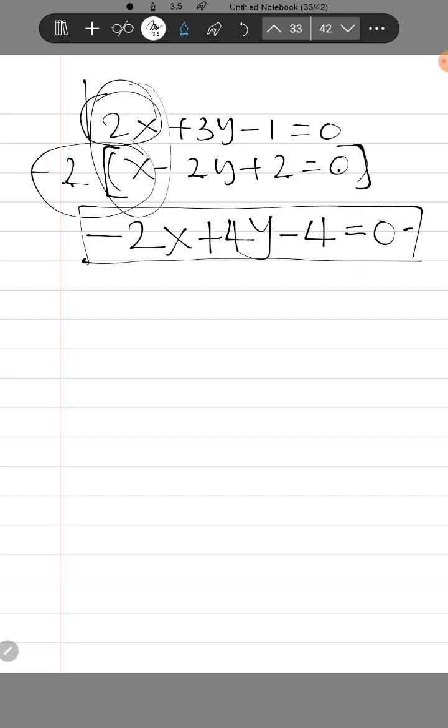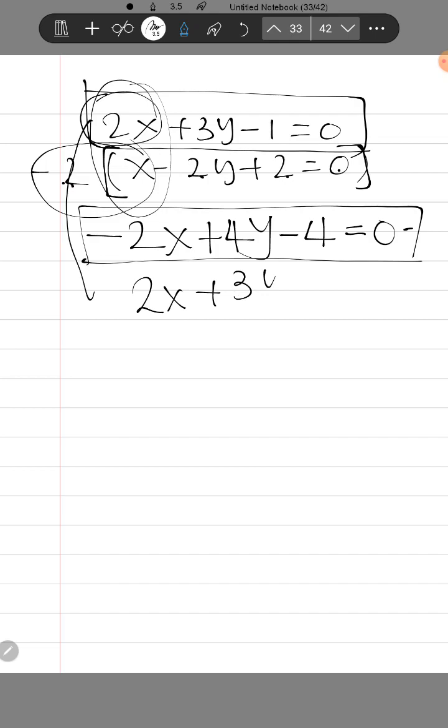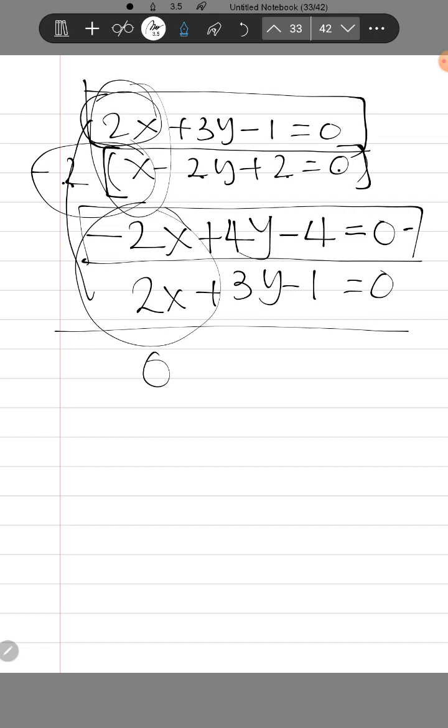Then we can use the first equation here because our strategy is just to use the first equation. So the first equation, I will get it down here. 2x plus 3y minus 1 is equal to 0. Now I will add these two equations. Minus 2x plus 2x is 0. 4y plus 3y is 7y.